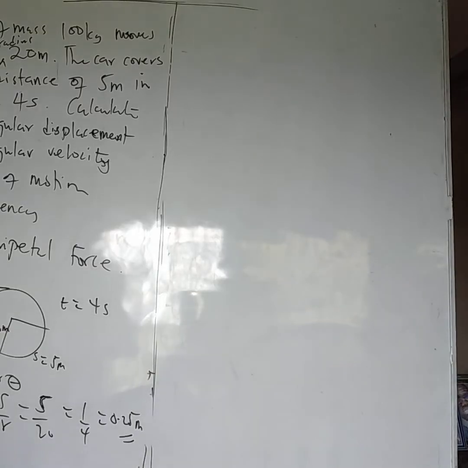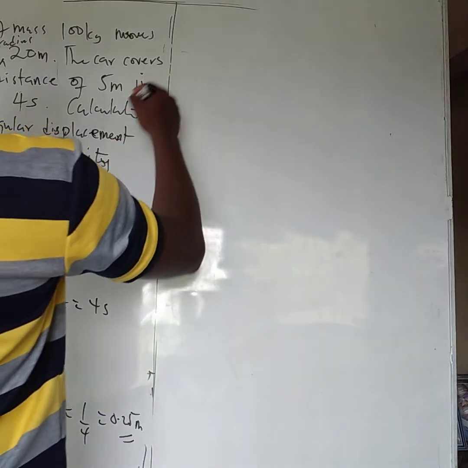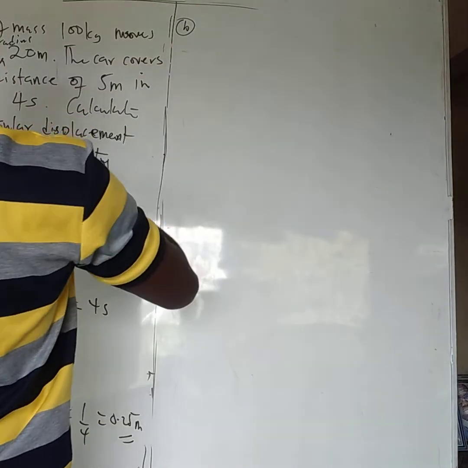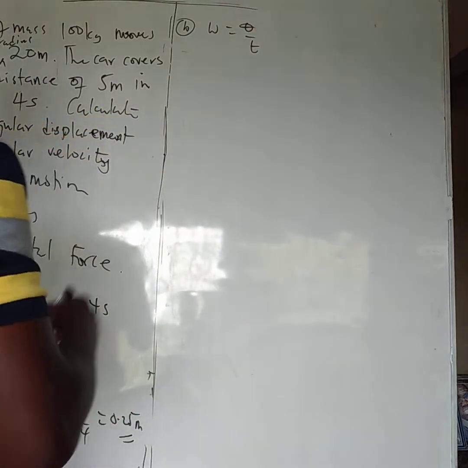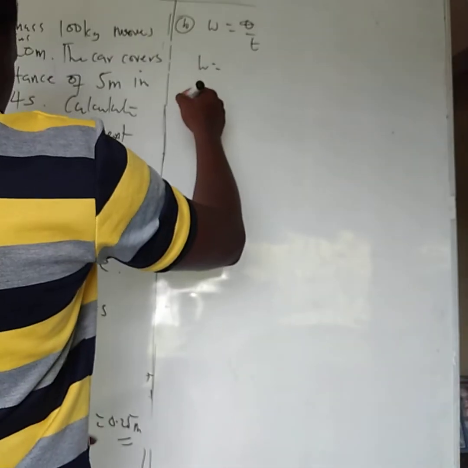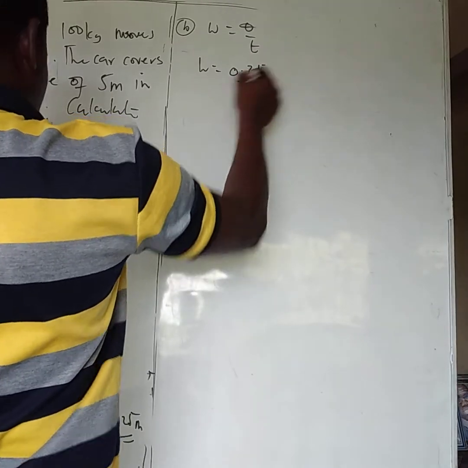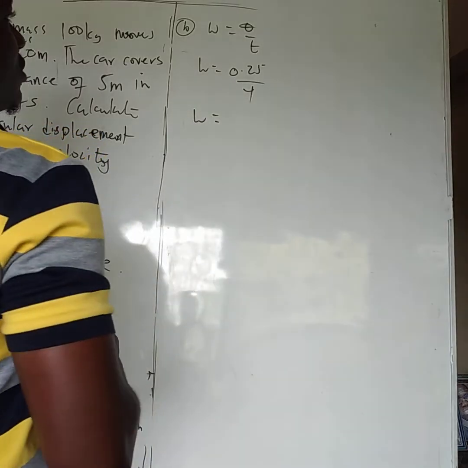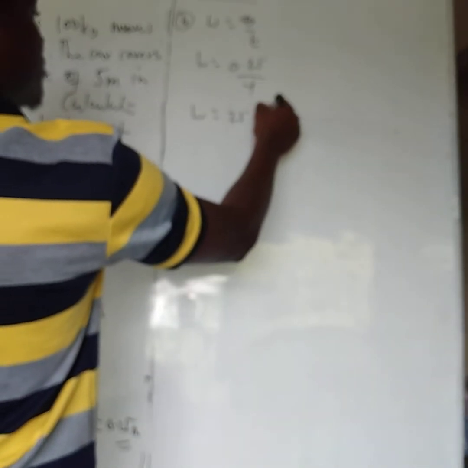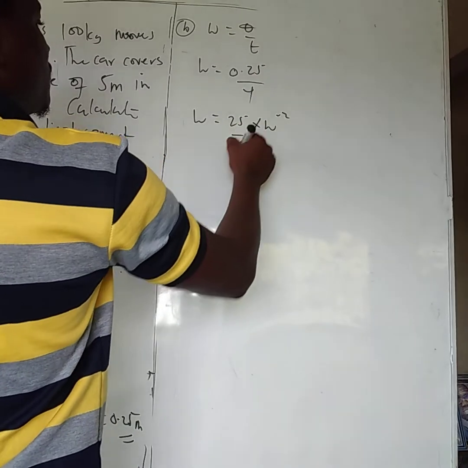Okay, so for our next question, we have to calculate the angular velocity. So B, the angular velocity omega is theta all over t. So omega becomes equal to 0.25 all over the time. The time is still 4 seconds. So omega becomes equal to 25 times 10 to the power negative 2 over 4.